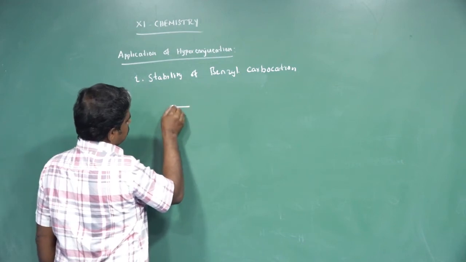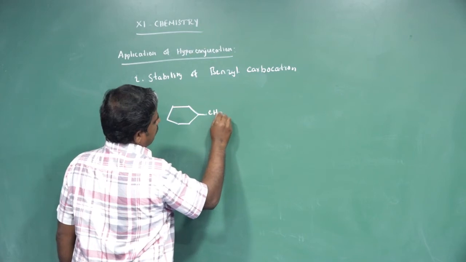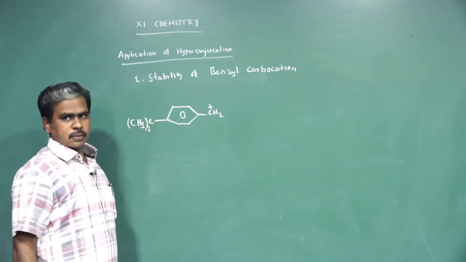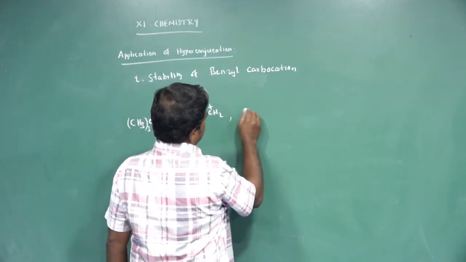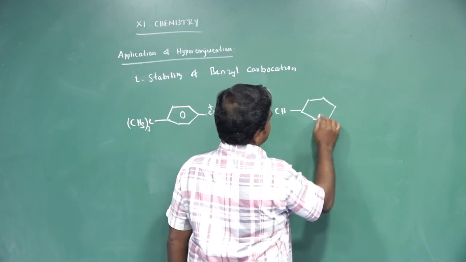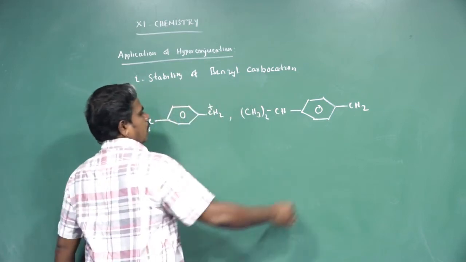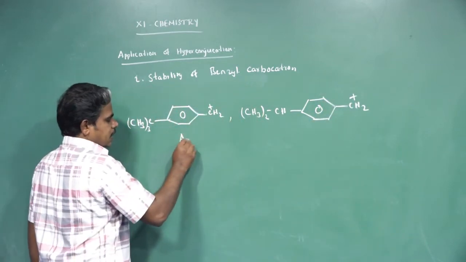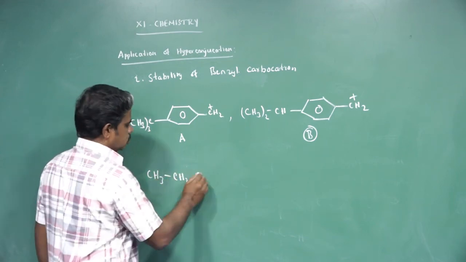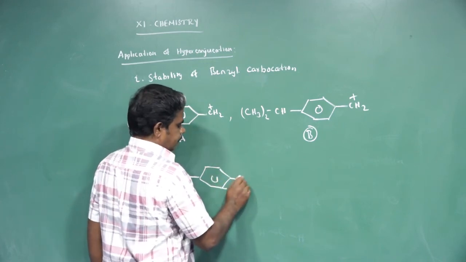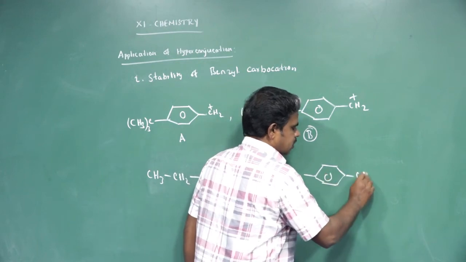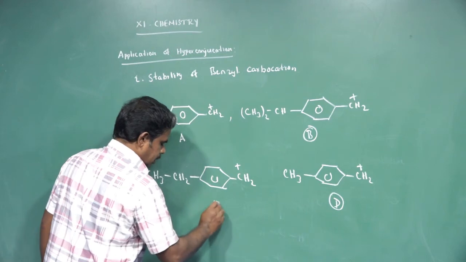The first compound is the benzyl carbocation attached to C(CH3)3. The second compound is (CH3)2CH attached to the benzyl carbocation, that is B. The third compound is CH3CH2 attached to the benzyl carbocation, that is C. And the fourth is CH3 attached to the benzyl carbocation, that is D.